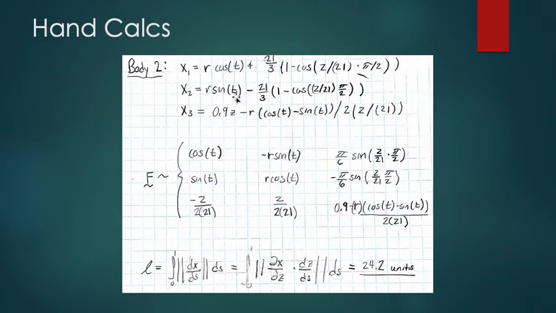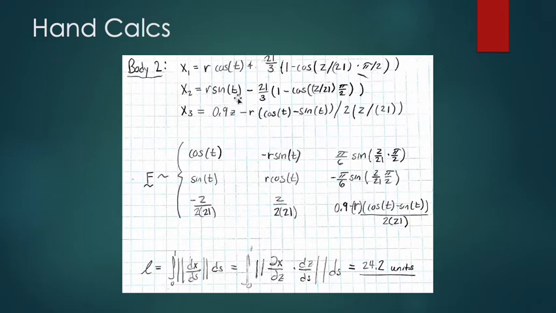So here's the body 2 parameterization in the x1, x2, and x3 directions. For the x1, it's r cosine t, plus 21 over 3 times 1 minus cosine, and within that cosine is z over 21 times pi over 2.